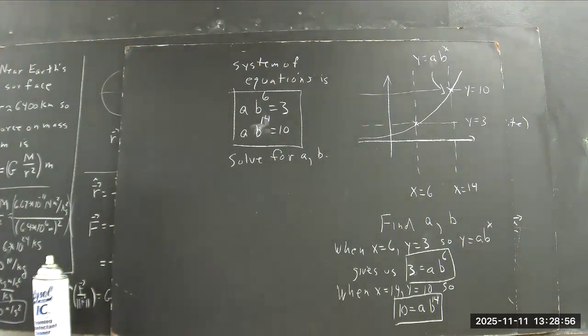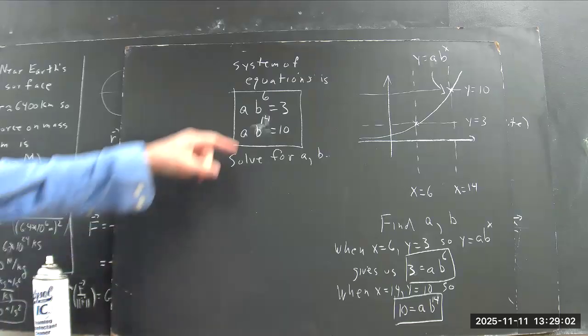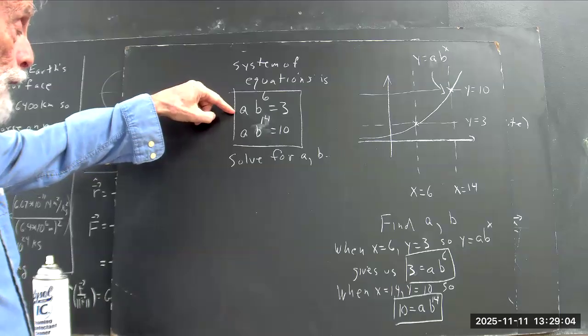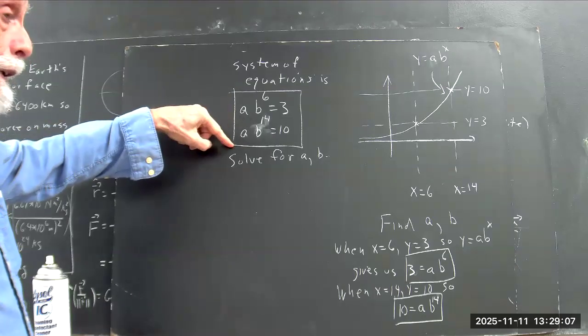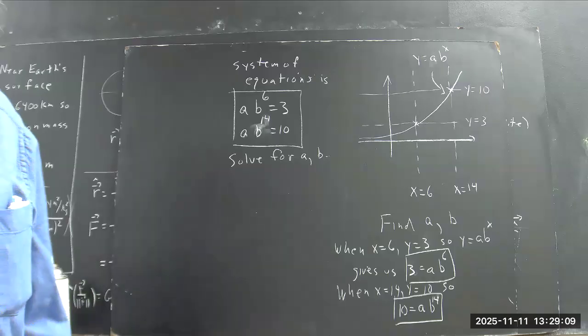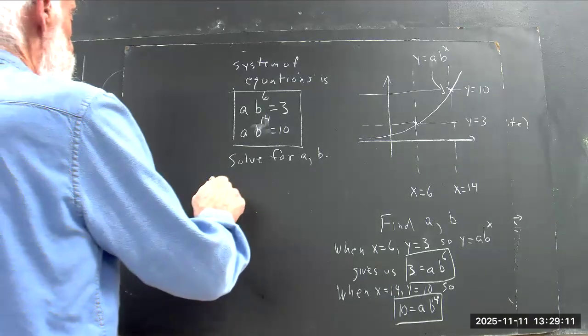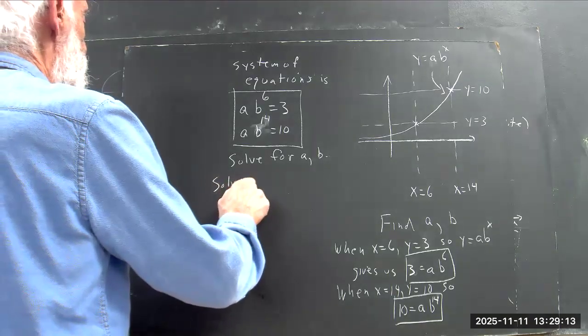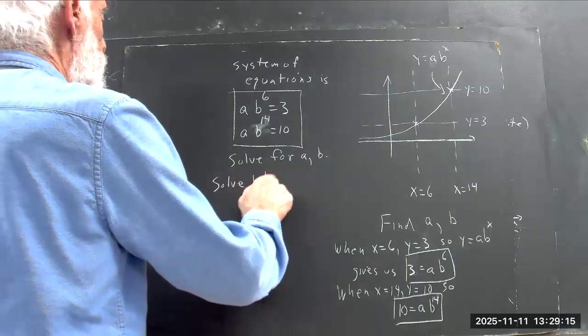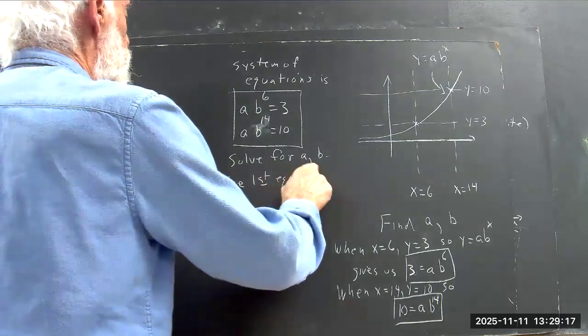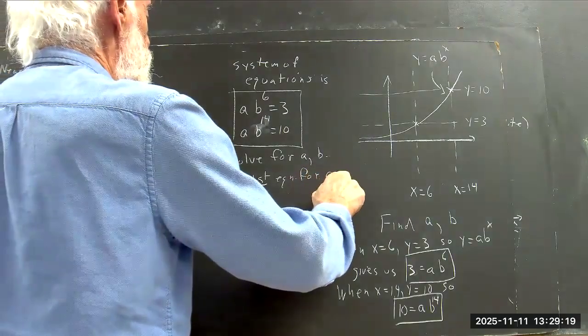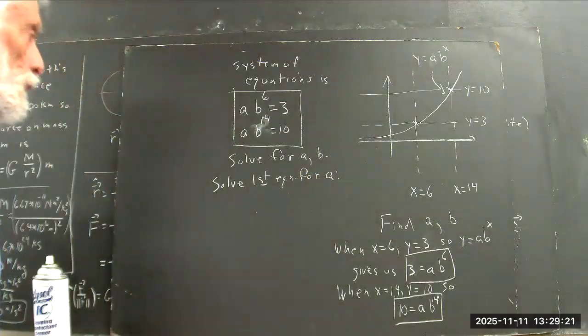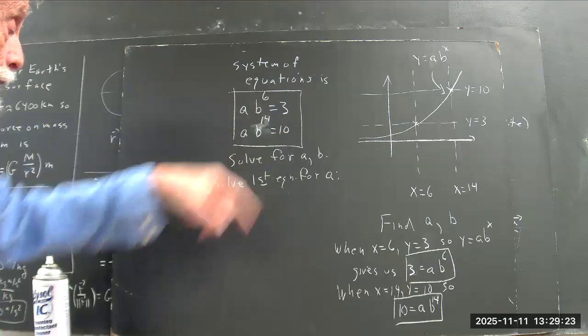Solve the system for A and B. How do we solve the system? The strategy is going to be, we're going to solve the first equation for A and then plug whatever we get into the second equation for A. And we're going to divide both sides by b to the 6th.